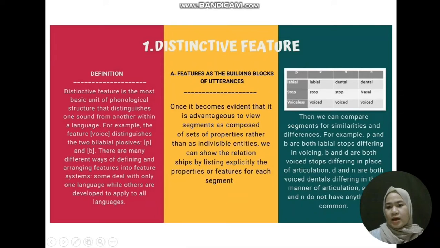Okay, from the example, then we can compare the segments for similarities and differences. For example, p and b are both labial, different only in voicing.